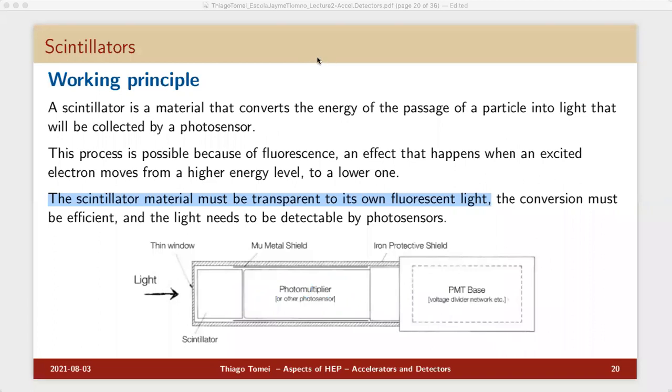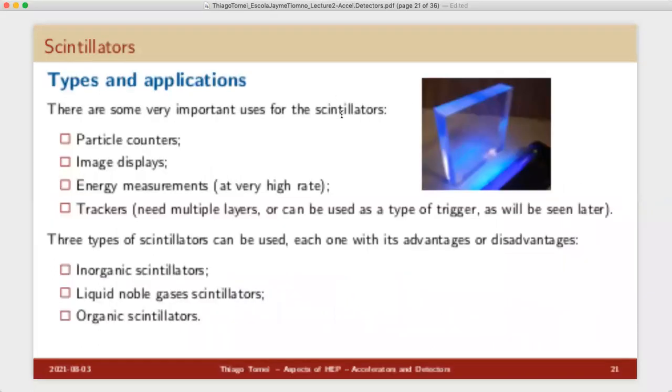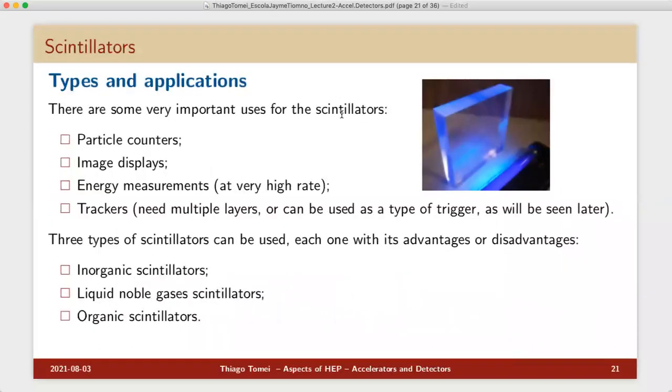So scintillators are essentially at the base of many detectors in high energy physics nowadays. You use them in this configuration that I just told you to build the particle counters, the stuff that just counts the presence of radiation there.